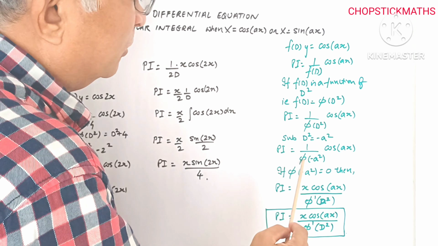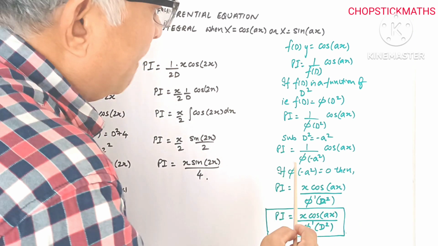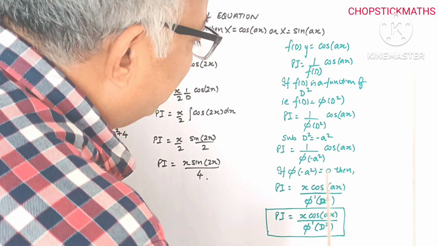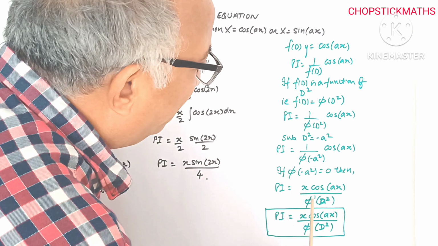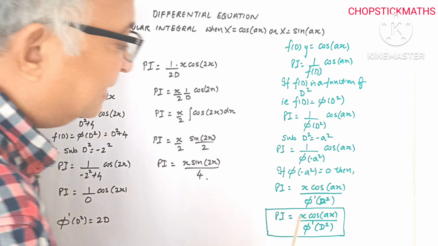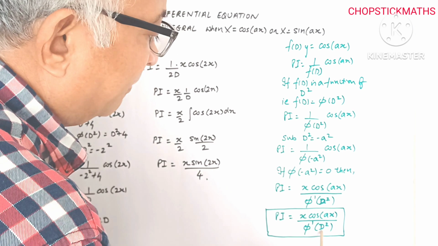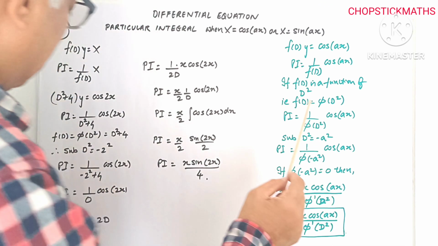So, PI will be equal to 1/φ(−a²) into cos ax. But if φ(−a²) is equal to 0, then we'll have to use this property: PI will be equal to x cos ax upon φ'(D²). That is, we'll have to take the derivative of φ(D²).